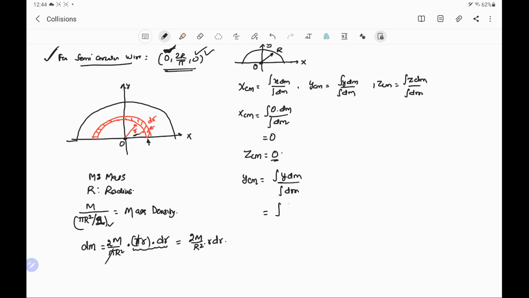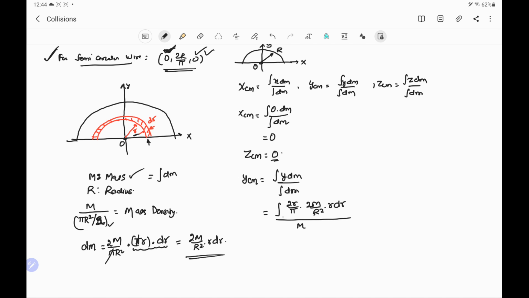Therefore, the y coordinate will be 2r by π into the elementary mass of the ring, which is 2m by R² into r dr, divided by the mass of the semicircular plate, capital M, which equals integral dm.